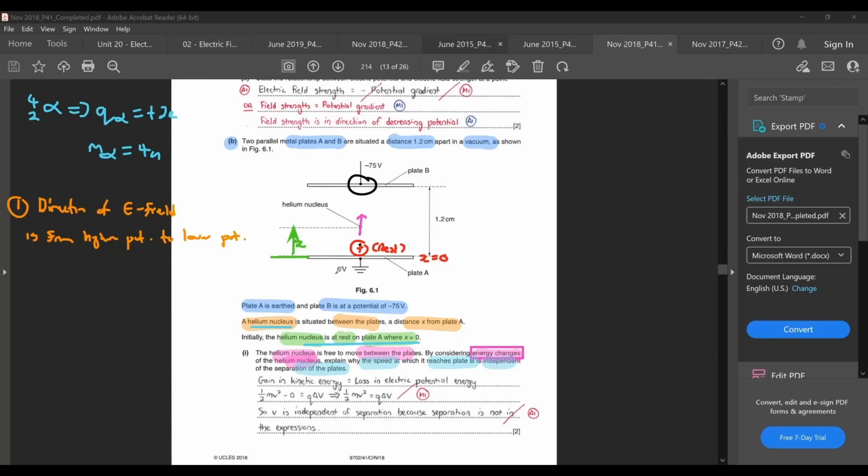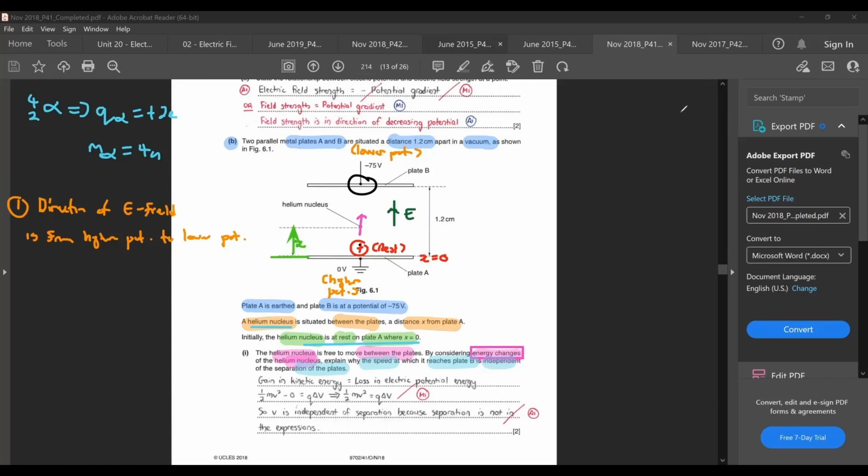In your case, 0 volts is considered to be higher potential and negative 75 volts is considered to be lower potential. So the direction of E field is going to be upwards here for your case.